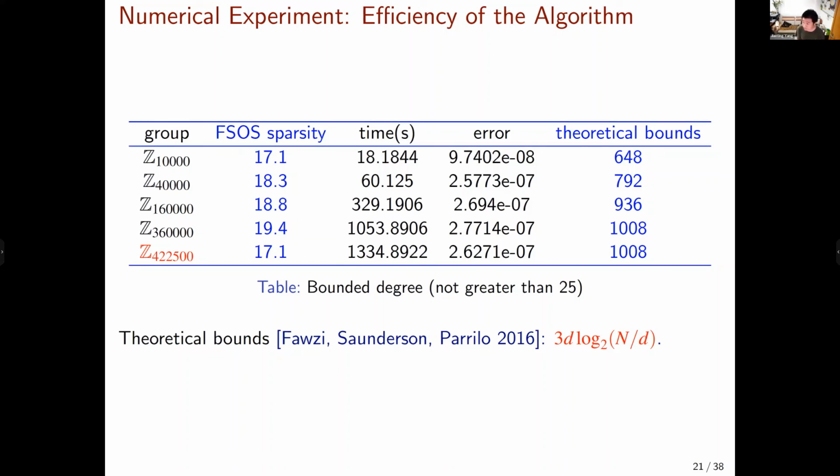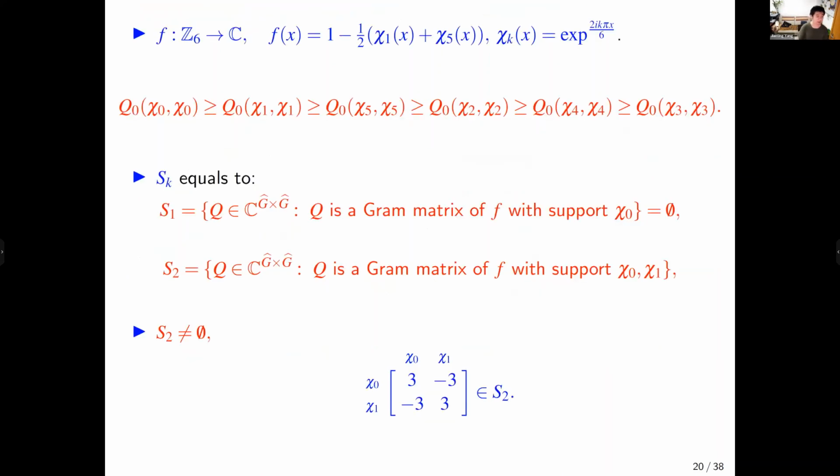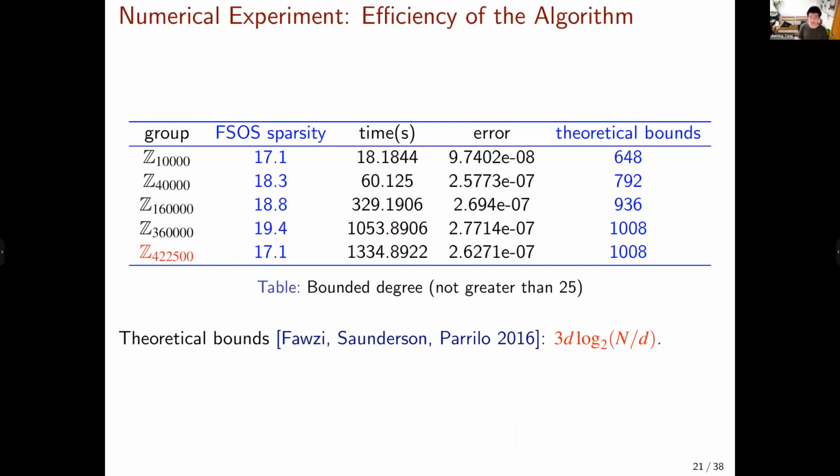How do you get these sparse SOS? Just by this algorithm: we compute the minimum k such that Sk is non-empty, and the elements in Sk are sparse gram matrices, and we use this gram matrix to compute a sparse Fourier sum of squares.